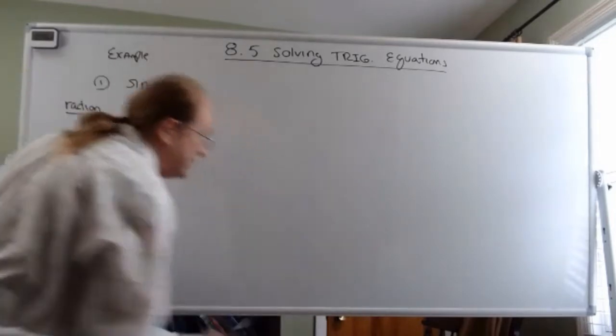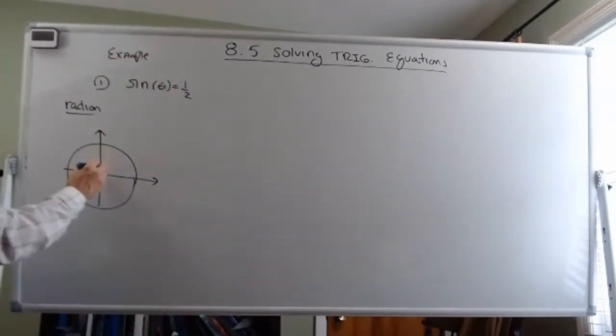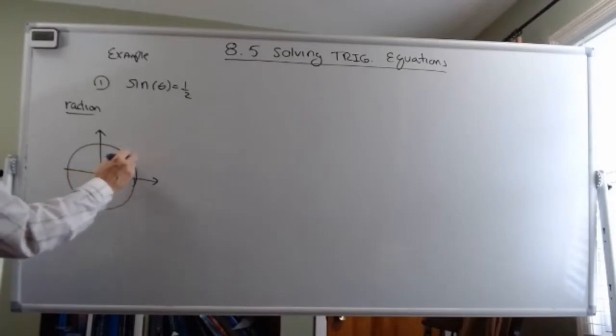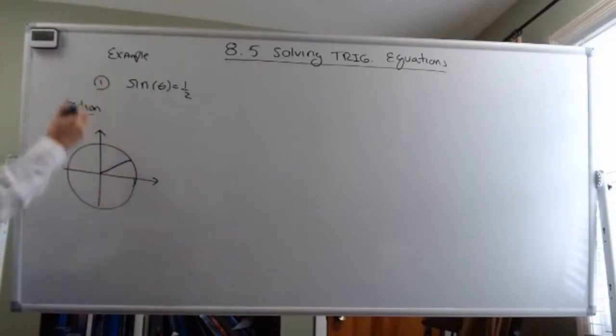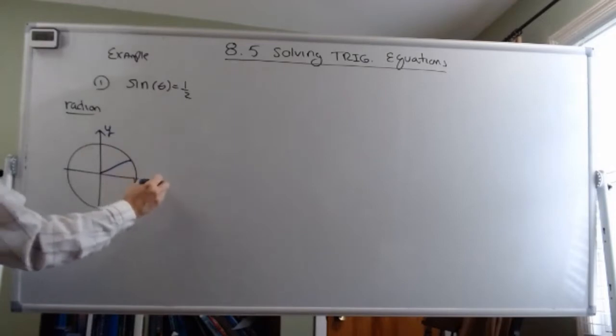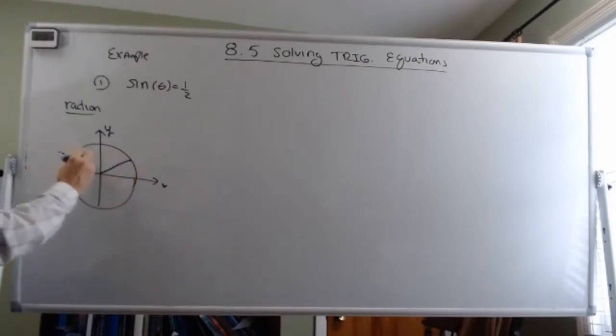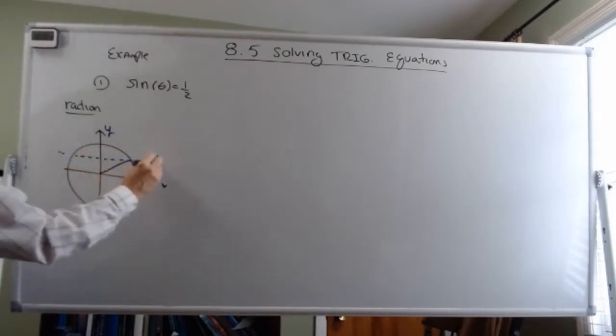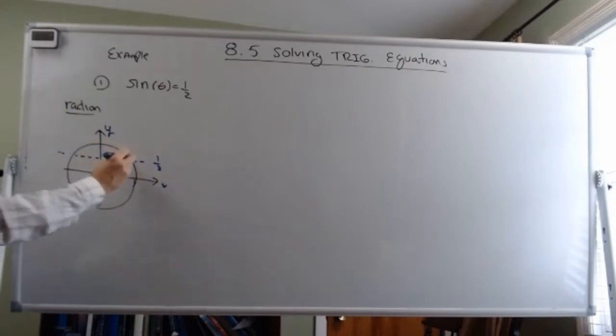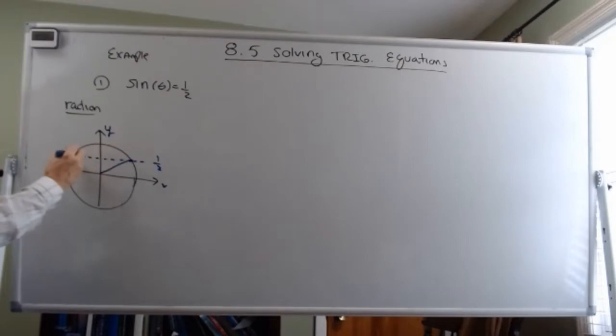So I'm moving along this unit circle, and we want to find out all the values when the sine, that's the y coordinate, is the value of 1/2. So I can see I got this angle over here. Then when I flip it around, I got this angle.